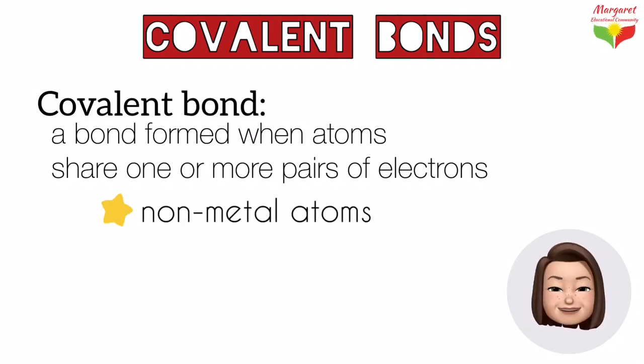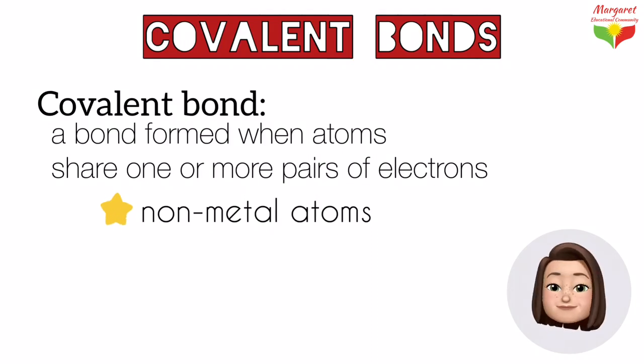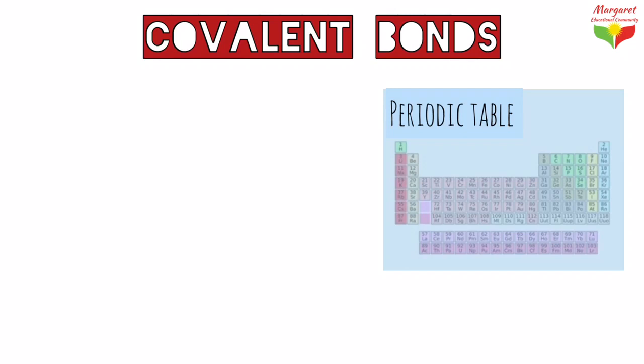This type of bonding happens between two or more nonmetals, so no metals allowed in covalent bonds. In order to identify whether something is a metal or non-metal, we're going to use the periodic table. No matter how your periodic table is organized, and all of them look a little bit different in terms of colors and groups, overall it's broken up into two parts, the metals and the non-metals.